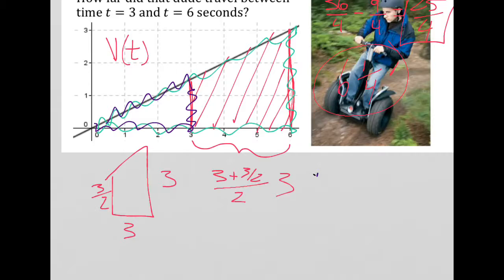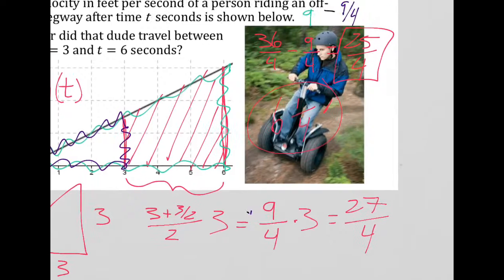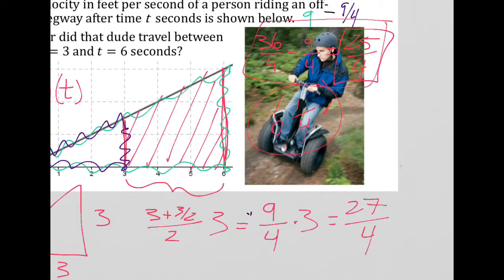3 plus 3 halves, 3 plus 1.5, so we're going to get 4.5 over 2. 4.5 over 2 is the same as 9 over 4. So I have 9 over 4 times 3, which gives us 9 times 3 is 27 over 4, which actually just allowed me to notice I'm bad at math up here. 36 fourths minus 9 fourths is 27 fourths, not 25 fourths.